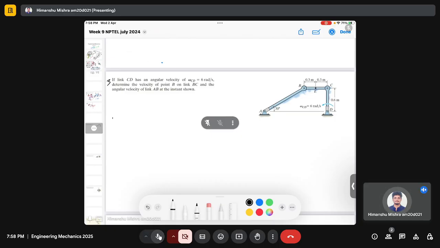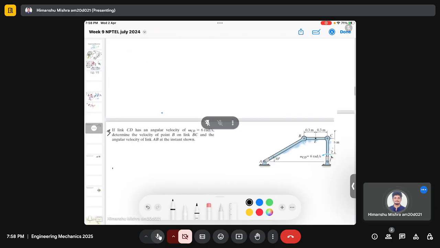If link CD has an angular velocity omega CD of 6 rad per second, determine the velocity of point B on link BC and the angular velocity of link AB at the instant shown.